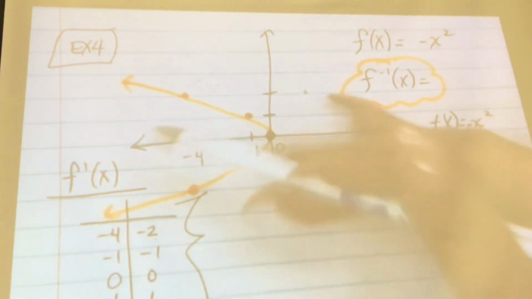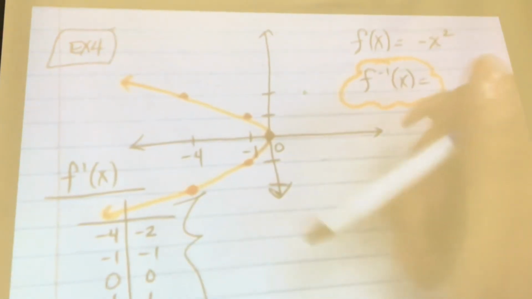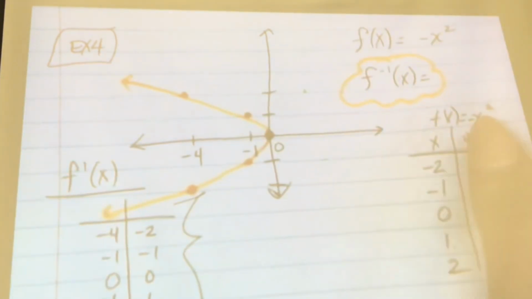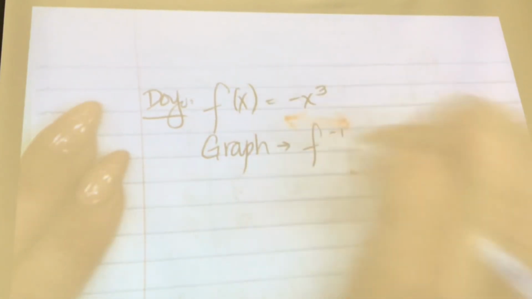How can you check? Graph it. Fails the vertical line test, not a function. What do you guys think? Doable? Questions on example 4? Can you try a do-it-yourself, please? f of x is equal to negative x cubed. Graph f inverse.